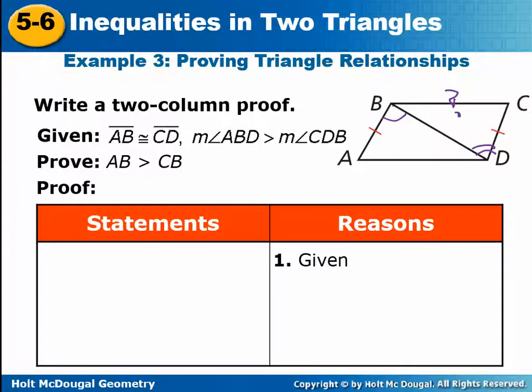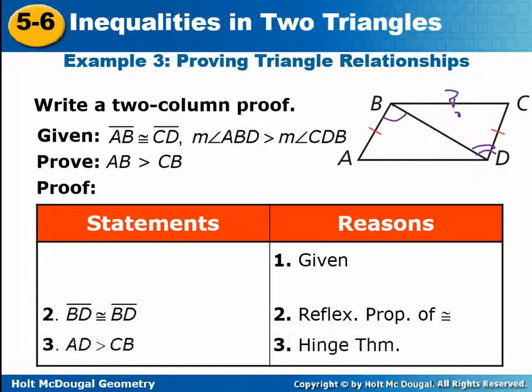So we start with our given, and then we'll use the reflexive property to say that BD is congruent to itself. Then, if you know that this is congruent to itself, we've got 2 sides that are congruent to each other. If we know that the measure of angle A, this is bigger, this is our greater than angle, and this is our less than angle, so this side must be greater than the other one.